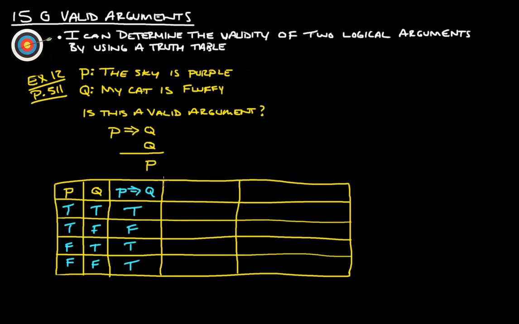Now what we have is P implies Q, and now we want and Q. So this line and this line.